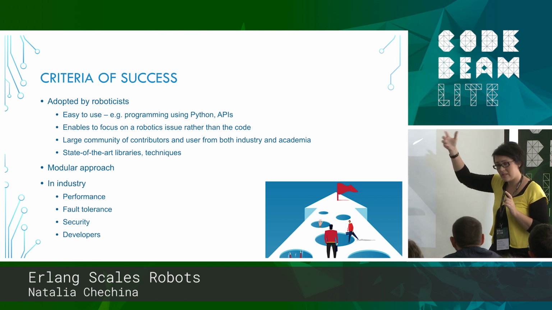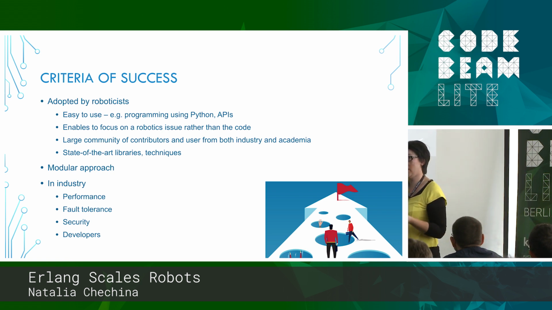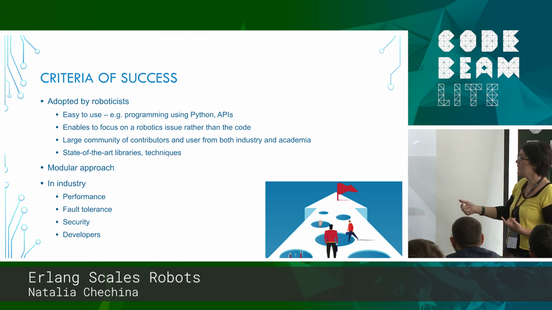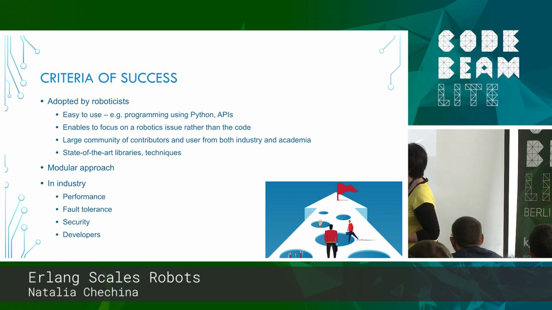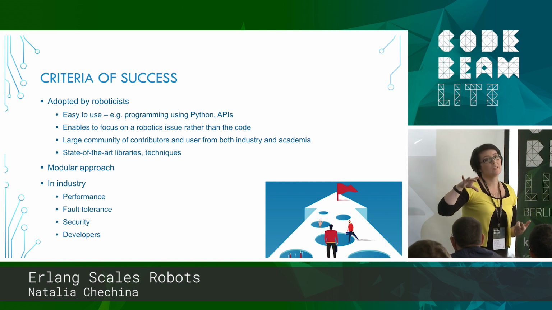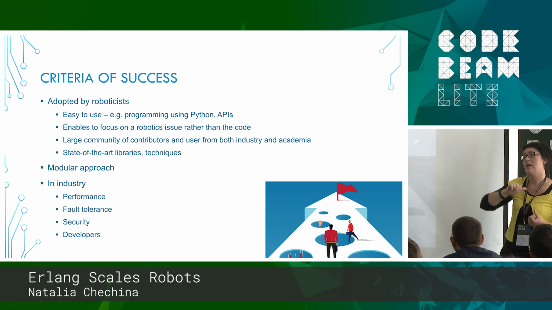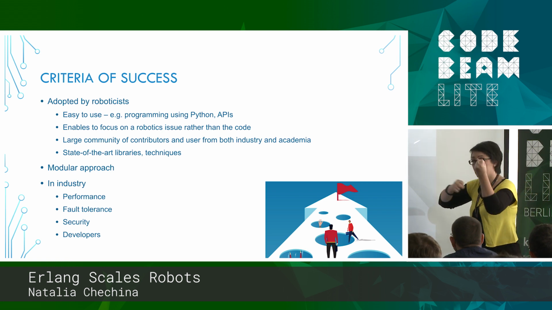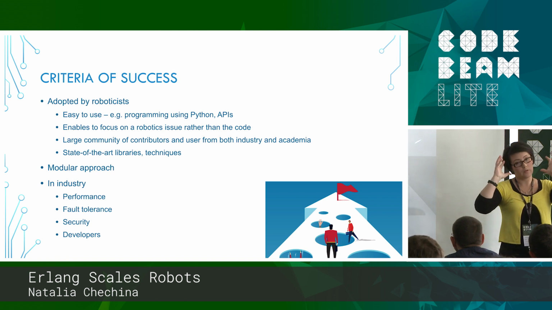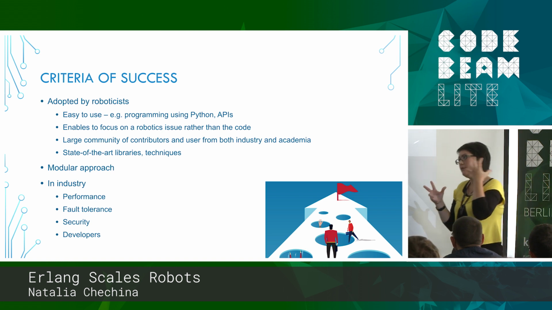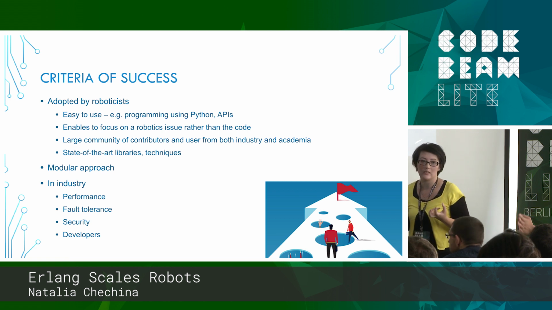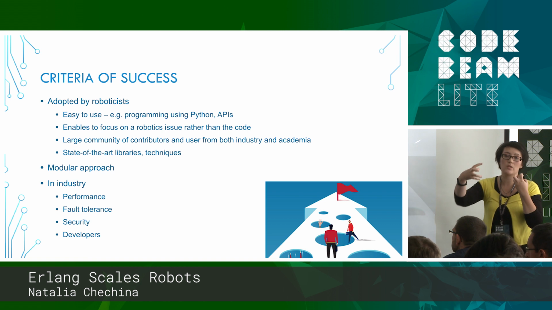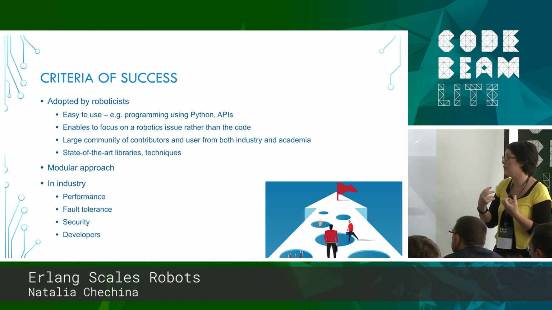So when working with these things, we need to think about the people who are actually going to use this operating system. A large community of contributors is very important because it means state-of-the-art libraries and things that they can just take, that somebody already developed, so they can focus on their particular thing. The philosophy of ROS, as little as needed or as much as needed, is also important. The ability to work with other middleware is really important.